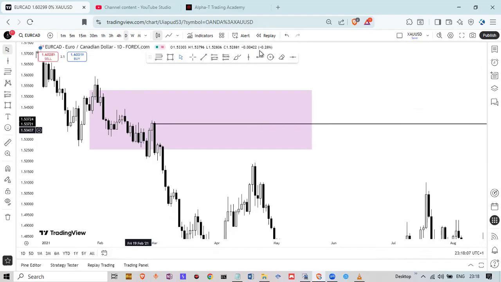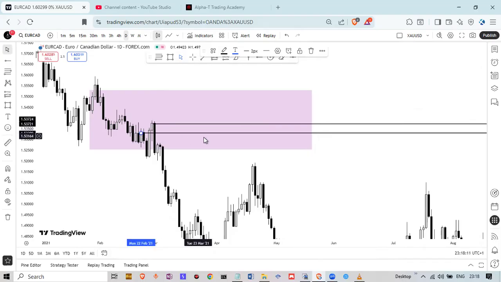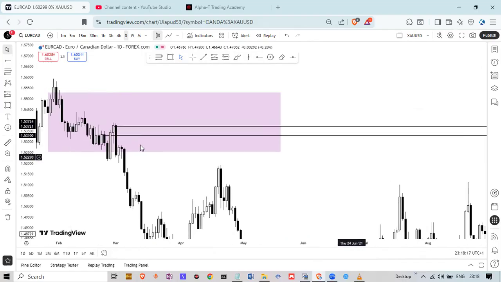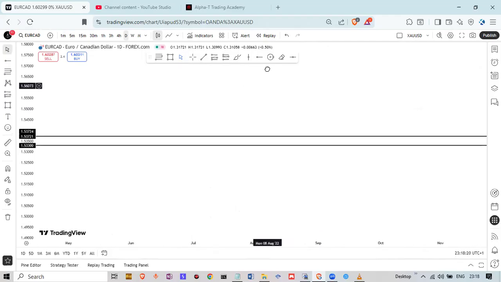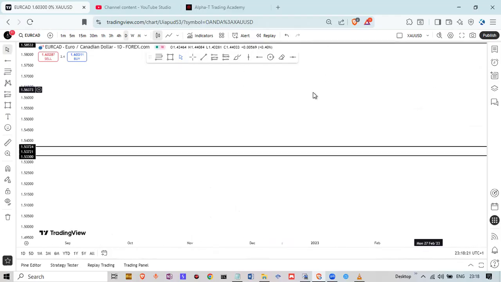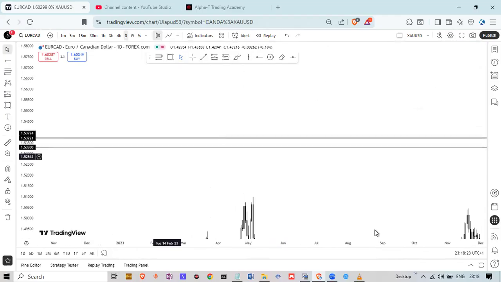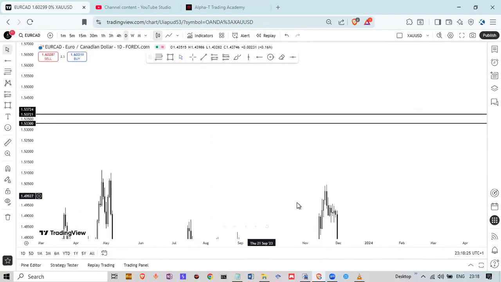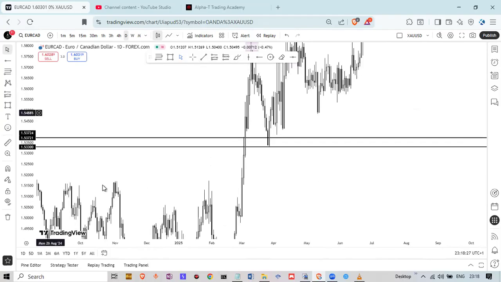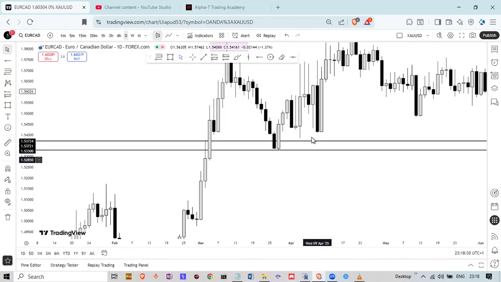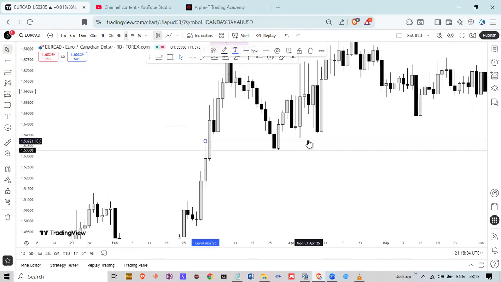That's another level around it. So I guess this second level was the one price actually rejected from. Let's see what we have here. Okay, great. So you can see that it was the second level price actually rejected from.